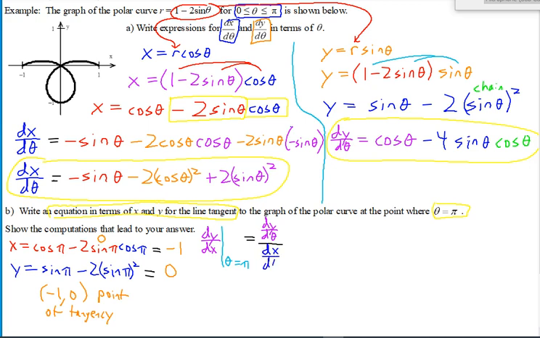The difference is, again, we're going to substitute in theta equals pi into each of these. Okay, so let's substitute in pi into dy d theta first. Right here, so that's going to be cosine of pi minus 4 sine of pi cosine of pi.